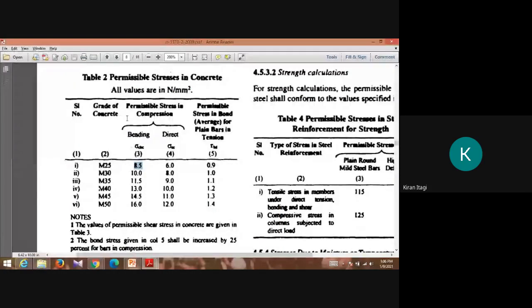Sigma cbc for M25 grade of concrete: here the grade of concrete is M25, and the sigma cbc value is 8.5, from IS 3370 part 2, page number 3, or table number 2.